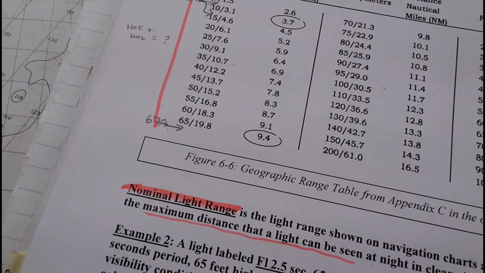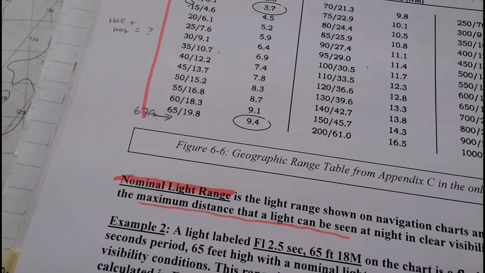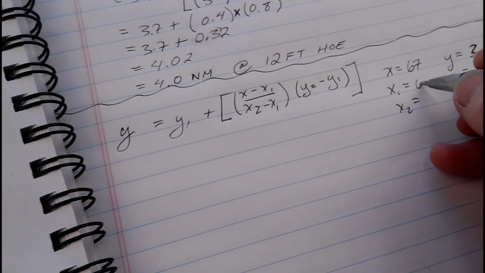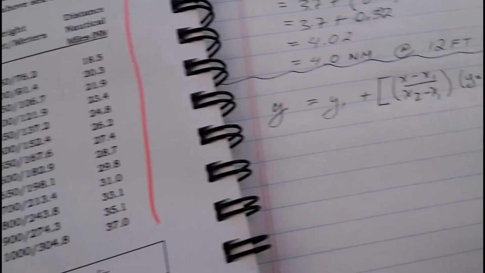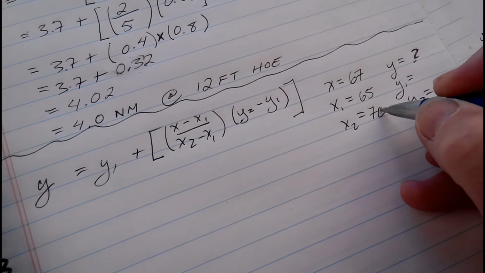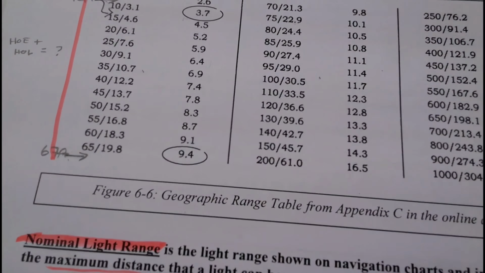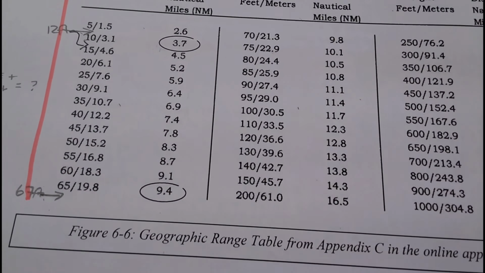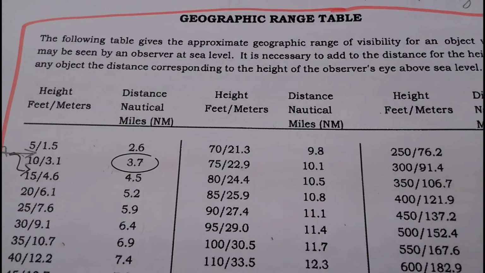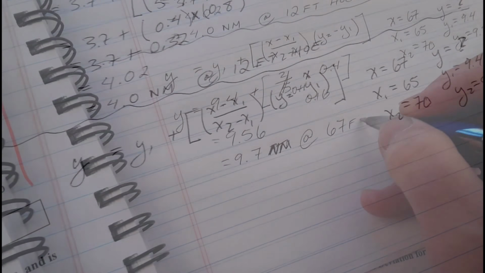So at our x1, the number above, which is 65 feet, and the number below, which is 70. At 65 feet, it's 9.4 nautical miles, and at 70 feet high, it's 9.8. Let's do the math.